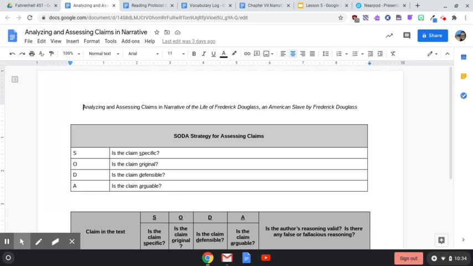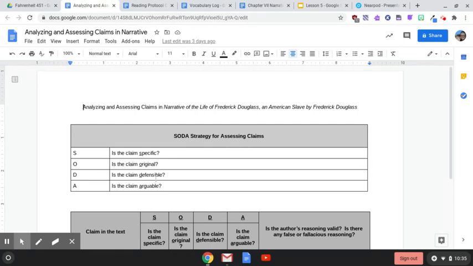Now, when we're talking about whether a claim is specific, we're looking for specific claims having strong verbs and clear details based on the text. For originality, we're looking for claims that may have never been used before or heard of before, ones that make you pause and think, and ones that are not cliches or overused.